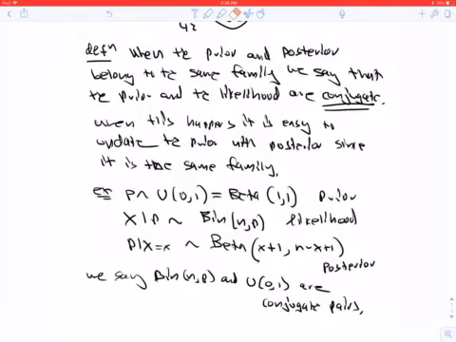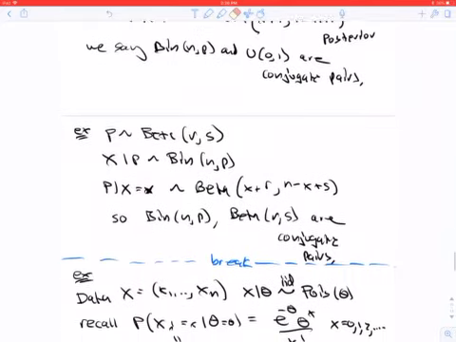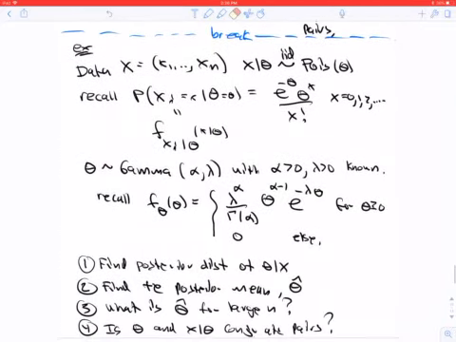When we have conjugate priors and likelihood, it makes it easy to update the prior as the previous posterior, and to cycle like we were just doing in the previous example. I gave you another example here that I'll let you just read, and then we came to take a break.